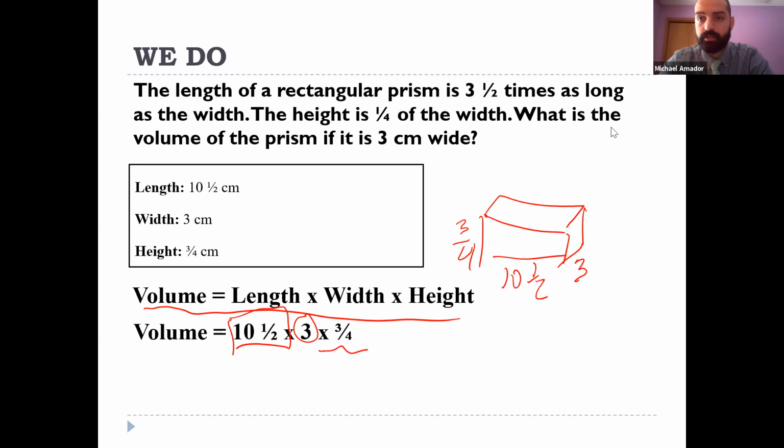Angelina, we're coming over to you. Let's find her. The answer is 39.375 centimeters cubed. 39.375.